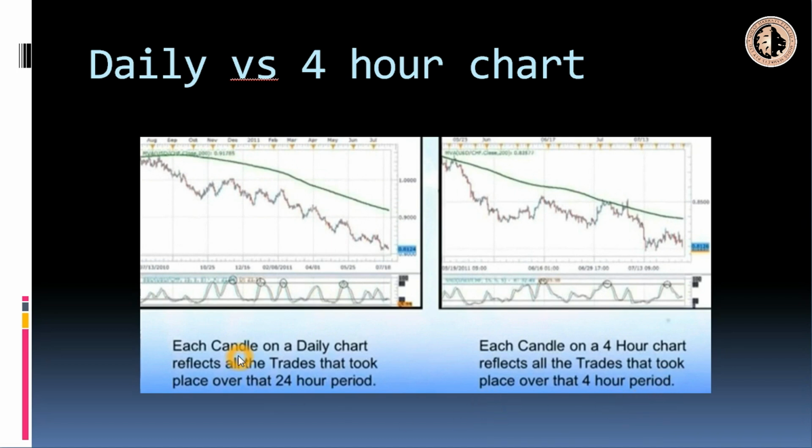So the daily is a longer time frame than the 4-hour chart, and it tends to be very clear when you're looking at the trends, and the signals are very clear. Whereas with the lower time frame, you find that it begins to become slightly sloppy. But nonetheless, the principles are the same. Your oscillators work the same way in both time frames, both for the daily and for the smaller time frame.